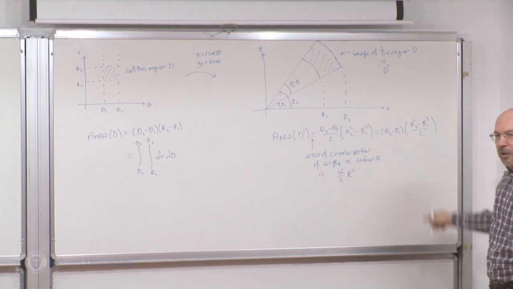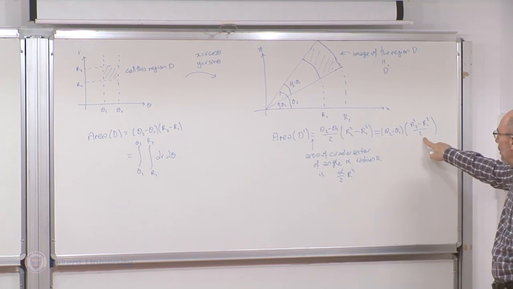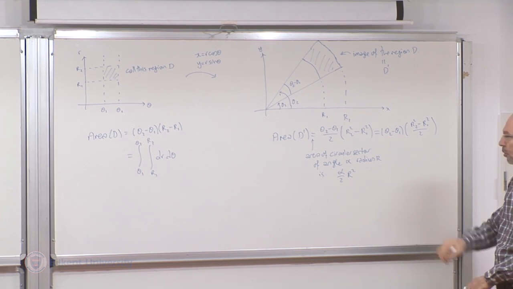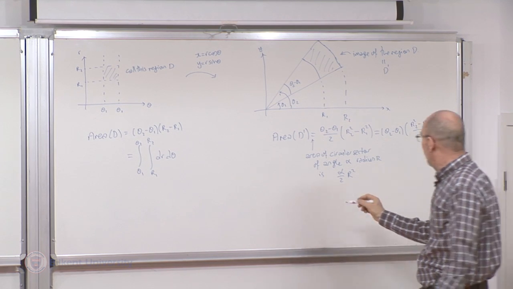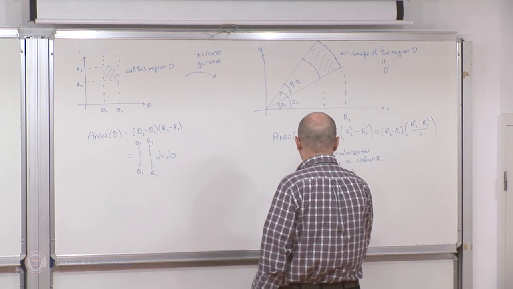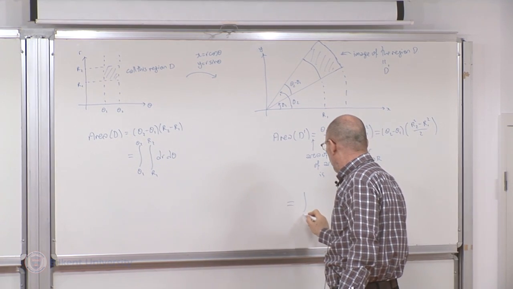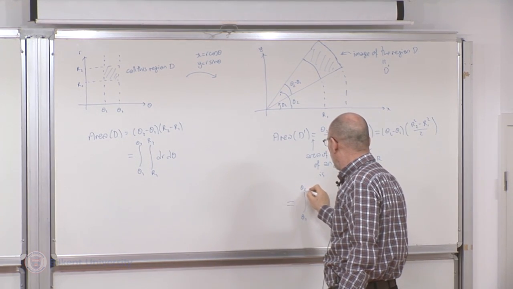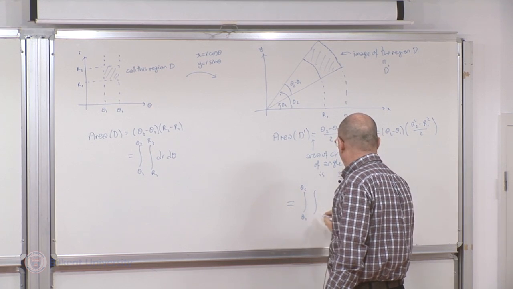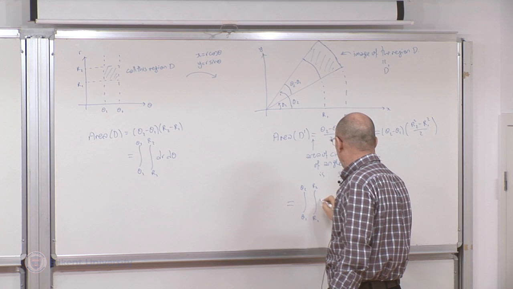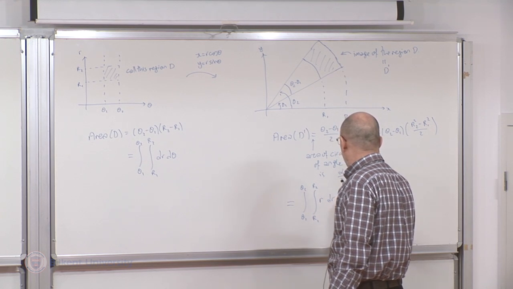If I want to write this as an integral, here you see that I'm integrating r with respect to r. It becomes r square over 2, and then I'm evaluating this. So this part is the same as here, the angle from theta 1 to theta 2, but this part from r1 to r2, I'm integrating r dr d theta.